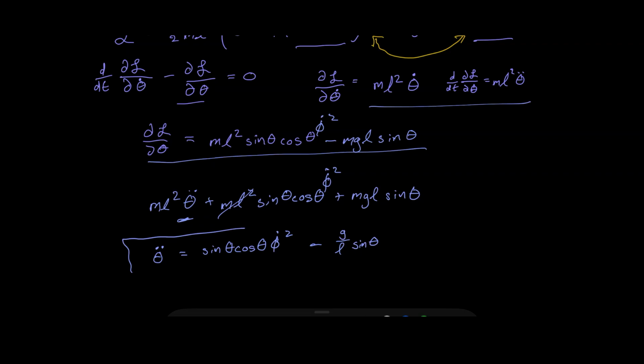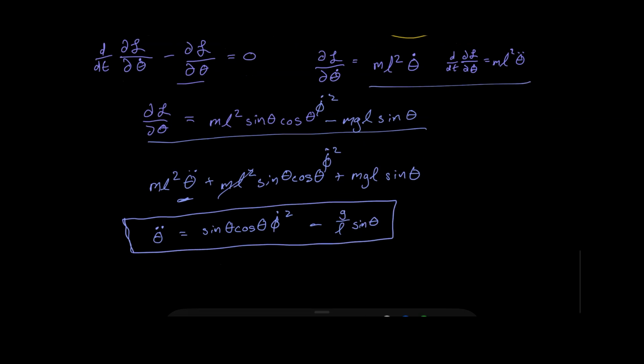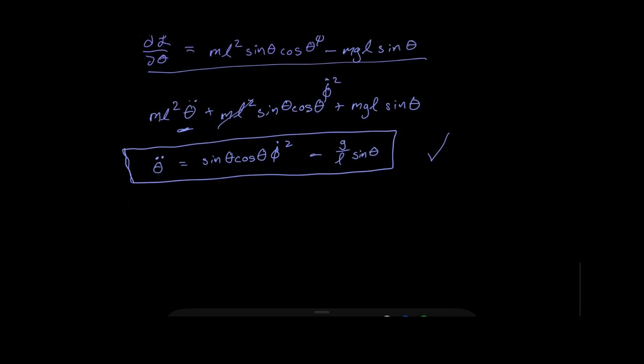And I believe this is our final equation of motion in regards to theta. And it's interesting to notice if you let phi go to 0, then you have just your normal pendulum. So it makes sense. Cool.